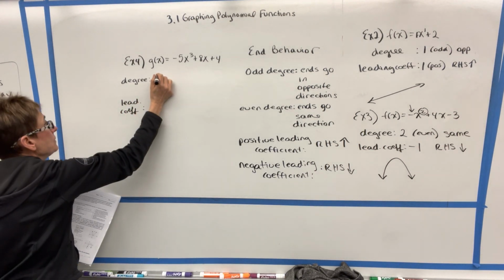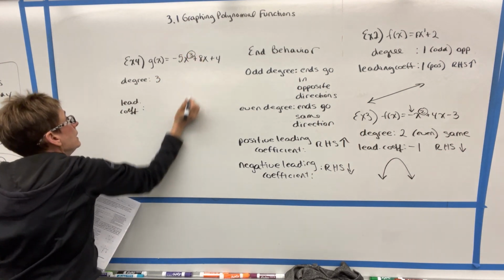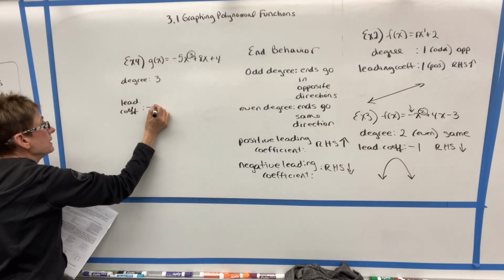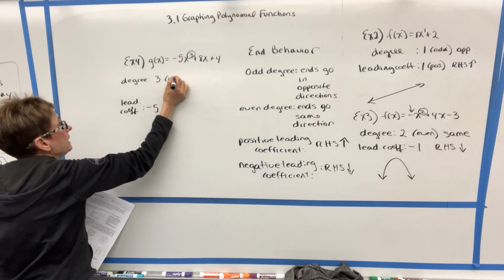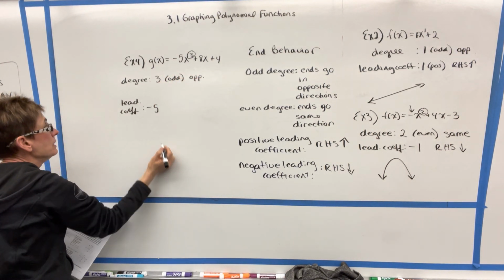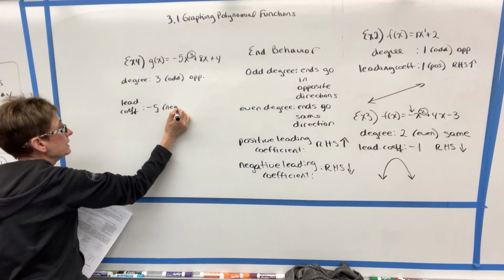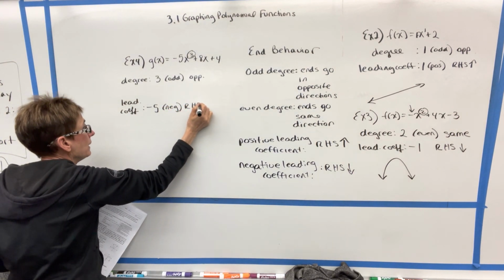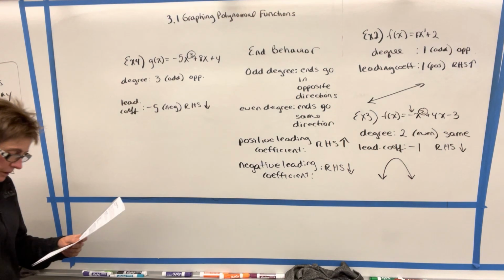The degree is 3. The leading coefficient is negative 5. 3 is odd, so the ends go the opposite direction. The leading coefficient is negative, so my right-hand side goes down.